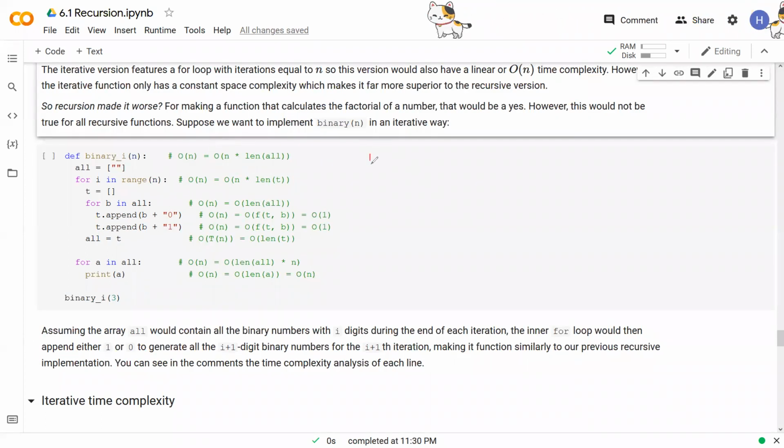So, at i equals 0, ang ating t at the start, malalagyan siya ng for all yung laman nito. Madadagdagan siya ng b at saka either 0 or 1. So after i equals 0, ang ating all, ang magiging laman niya is 0 and 1.